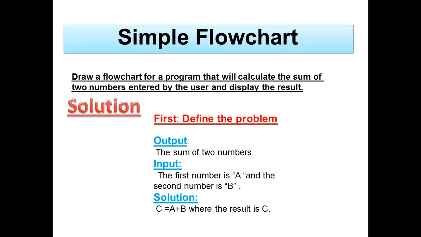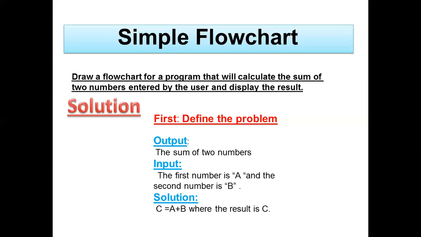It's unknown. So I will give it a sample letter. The first number is A and the second number is B. So now I have a sample for each number, A and B. These are my inputs. Great. A and B are my inputs.